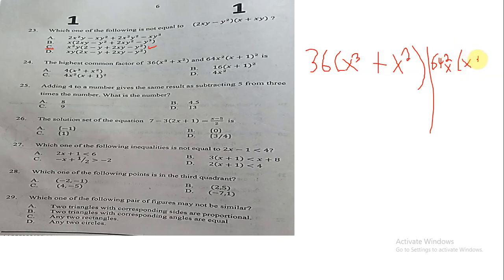It will be 4x cubed plus x squared, because here we have 36x cubed plus x squared, and on the other side 64x squared times x plus 1 squared.